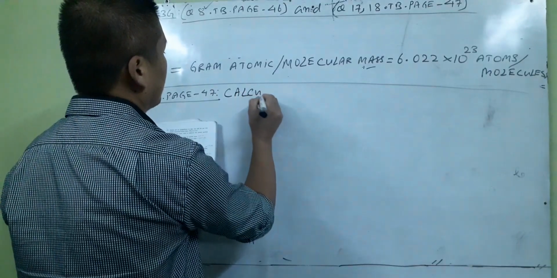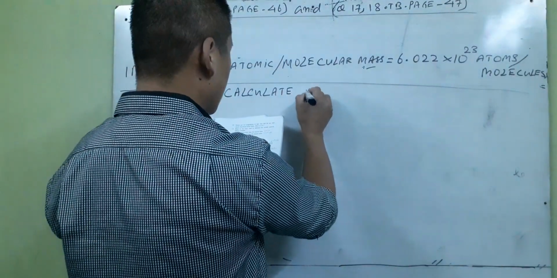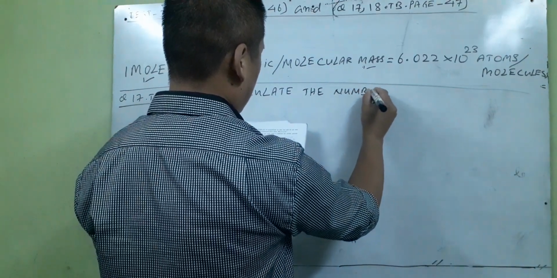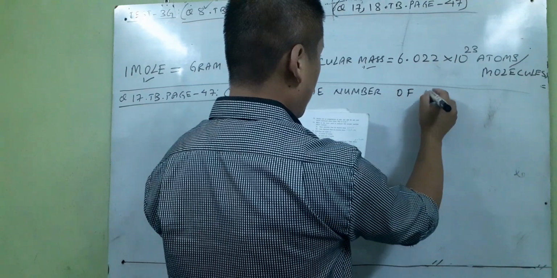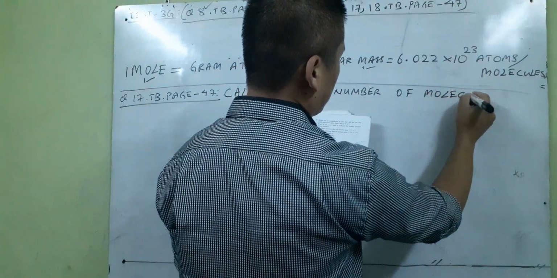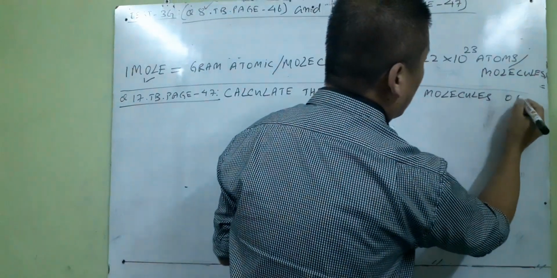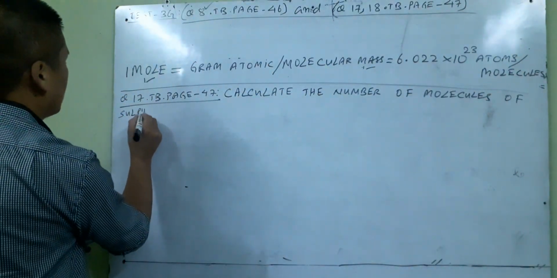Okay, let me write the question also so we can all see it very clearly. Calculate the number of molecules, not mole, okay, molecules, number of molecules of sulfur. Please follow closely.